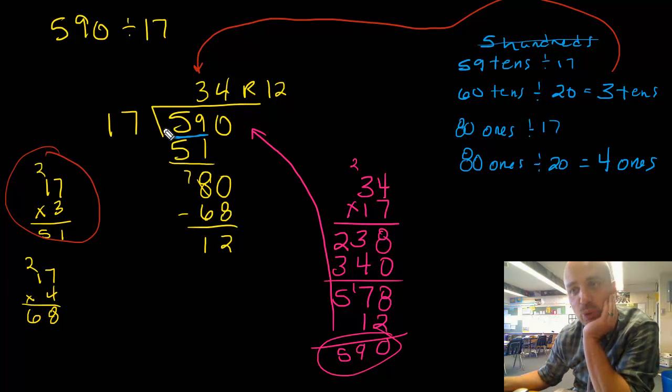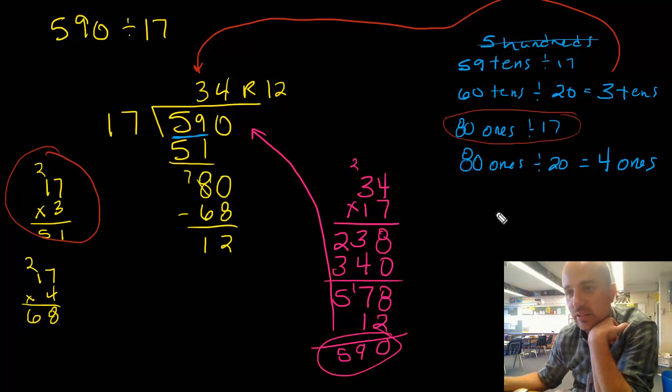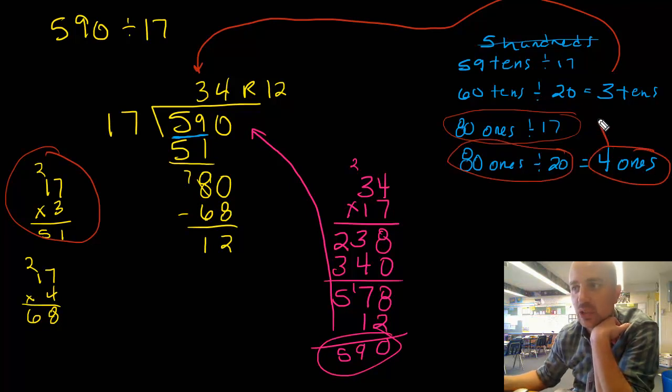I then found the difference between 59 and 51 to be 8, or 8 tens. Then I regrouped and brought down my 0 and made that into 80 ones, and then we did 80 ones divided by 17. We rounded and estimated to get 4 ones. We took that 4 and put it in.